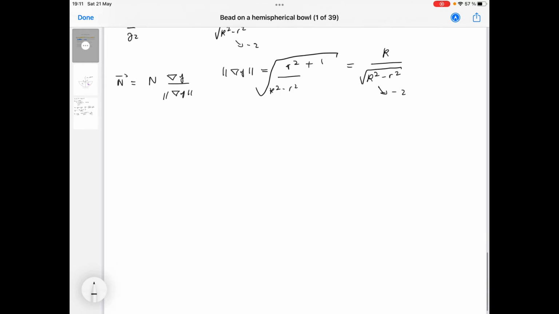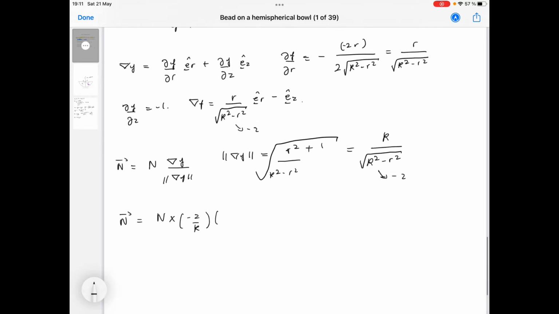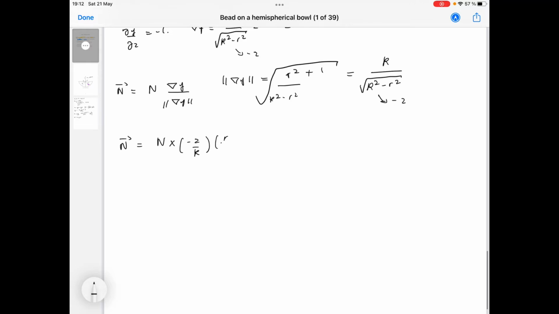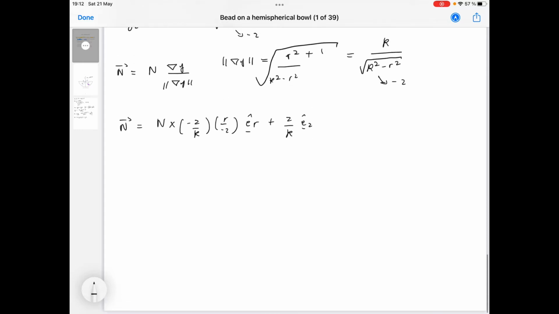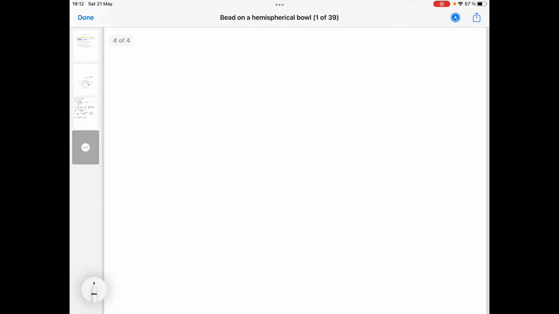Now we have an expression for our normal force. The normal force is N times minus z over R times R over minus z pointing in the r direction, plus z over capital R pointing in the z direction, times N. Let me just add a new page.